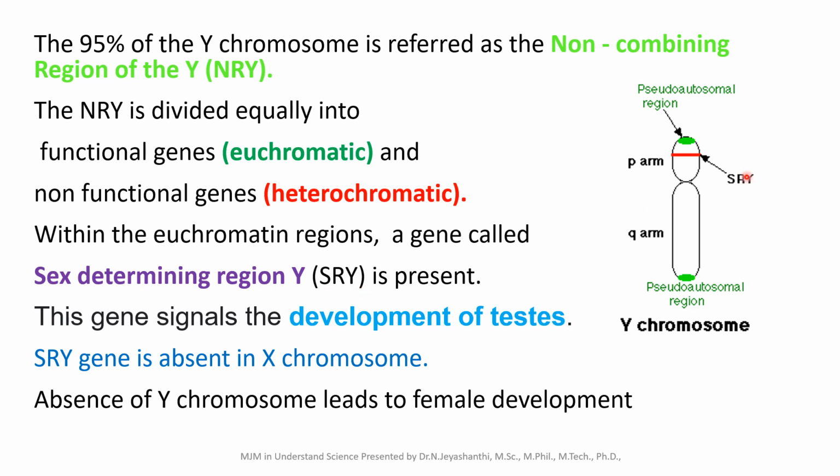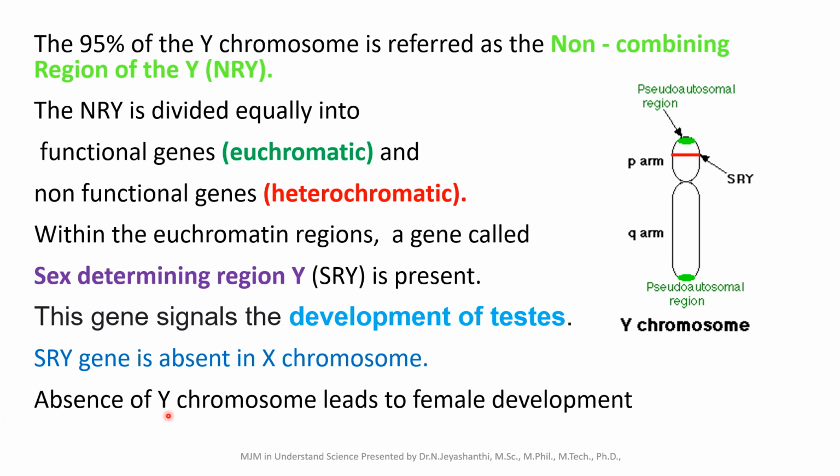SRY, sex determining region in Y chromosome. This is present in the euchromatic region. This only signals the development of the testis and other reproductive organs in male. This SRY is absent in X chromosome. Absence of SRY leads to the female development.